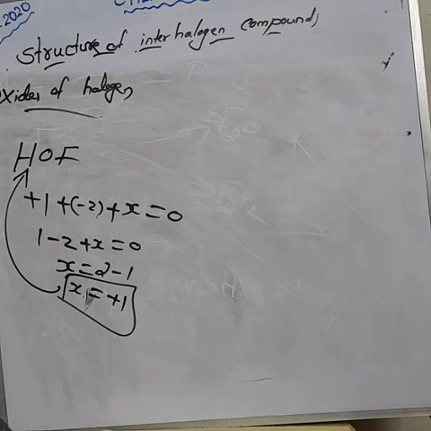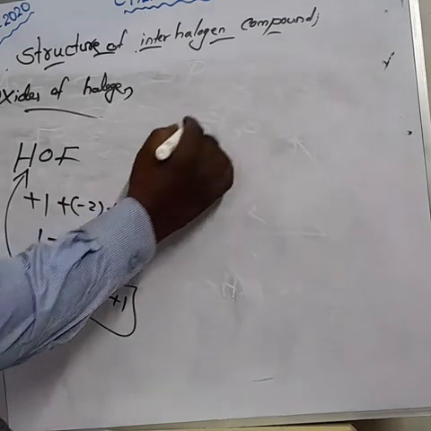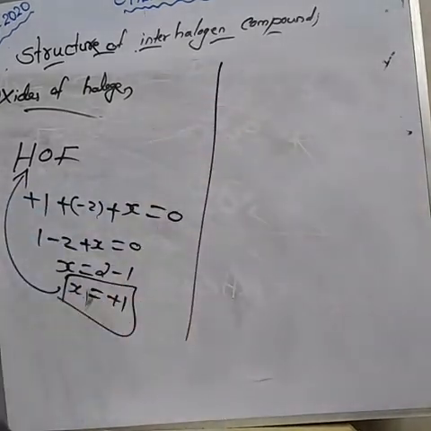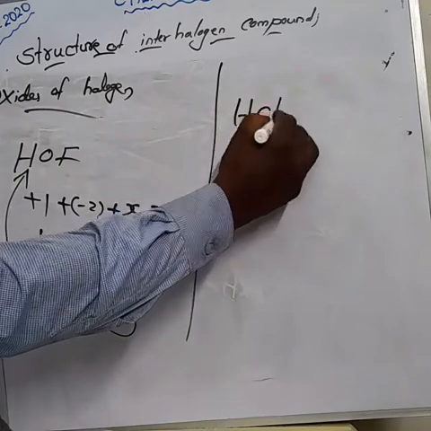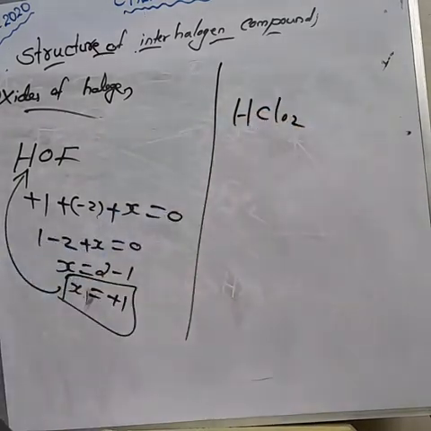Like that we can find the next one. One more example: chlorous acid, HClO2. How can you find out?